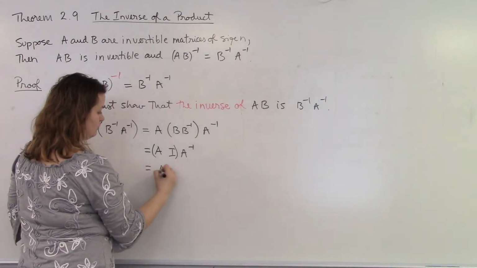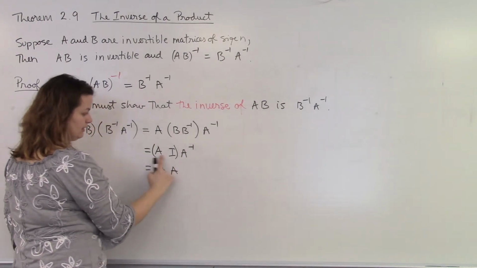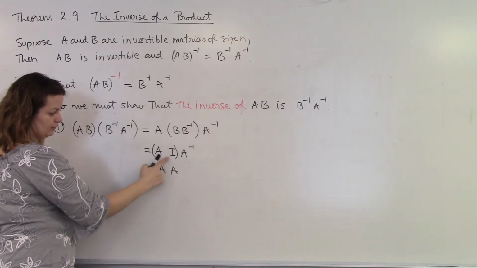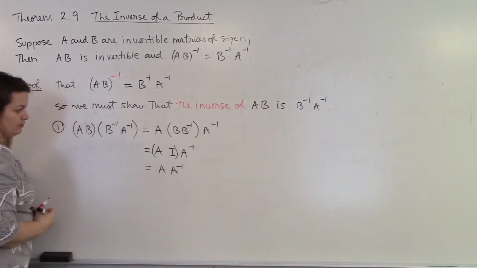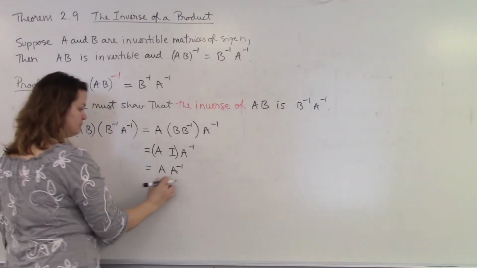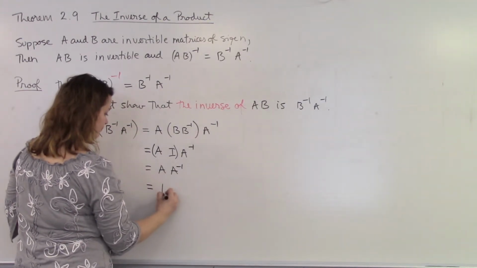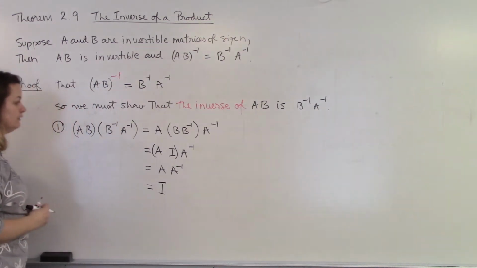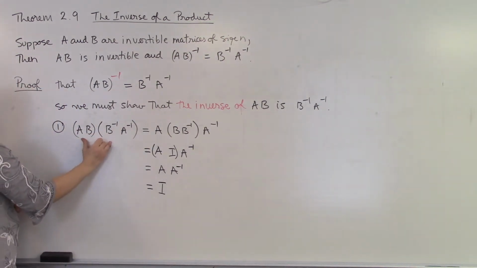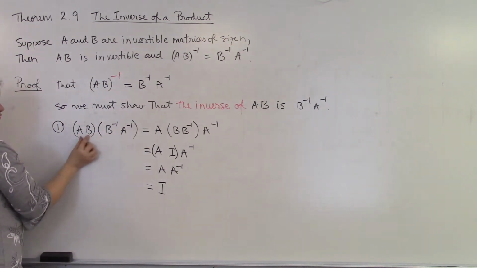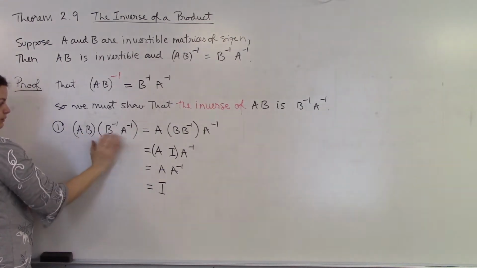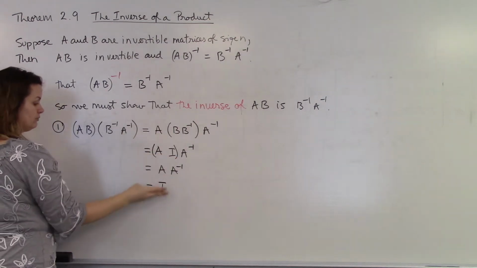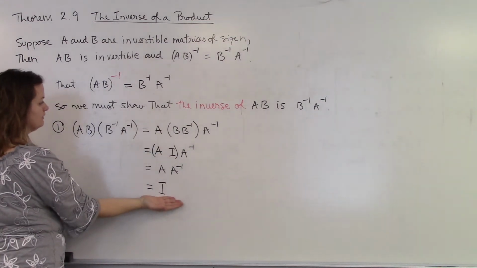That gives you A times the identity. The definition of the identity is that you get back A, and then you carry out the A inverse. Okay, so now A times A inverse again is the identity. So I started with the two matrices I was trying to show are inverses of each other with left multiplication here, and I worked my way out to the identity.